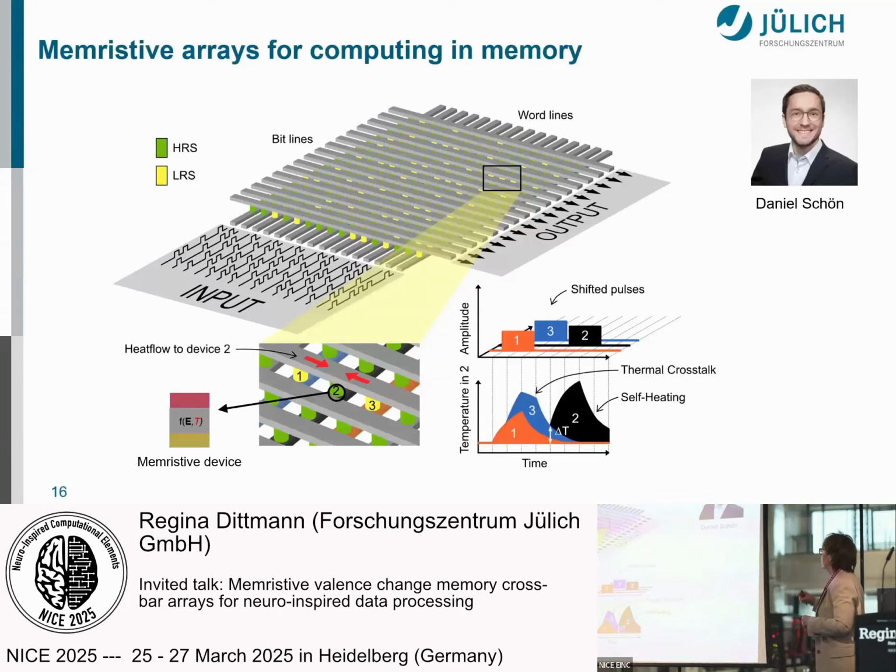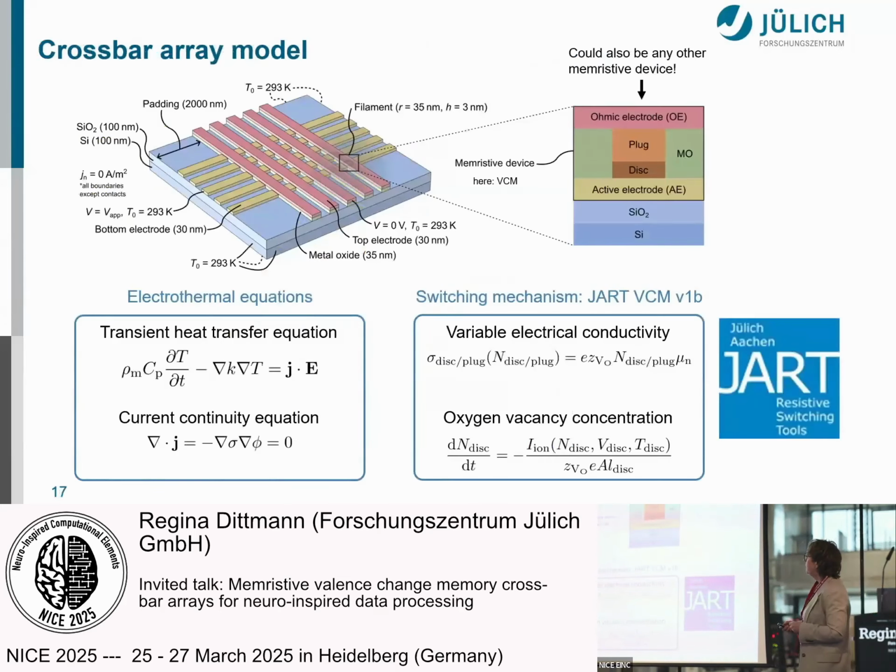This is the work of Daniel Schön and Stefan's group, who simulated the thermal distribution and its effect on the resistance levels and the switching properties. What he considered is the heat transfer in the arrays and its impact on the electrical conductivity, in particular the oxygen vacancy concentration at the most important active interface.